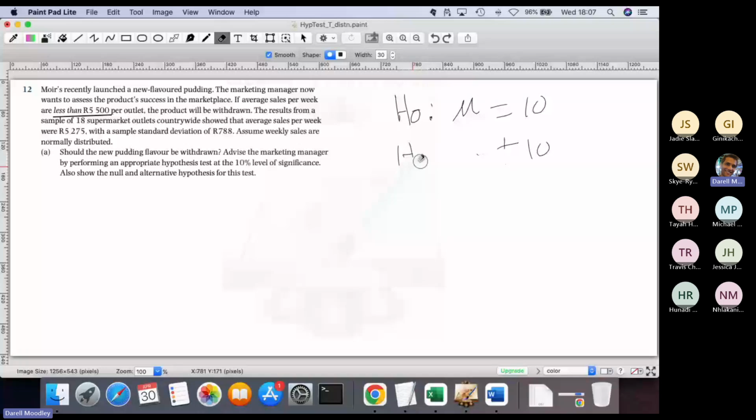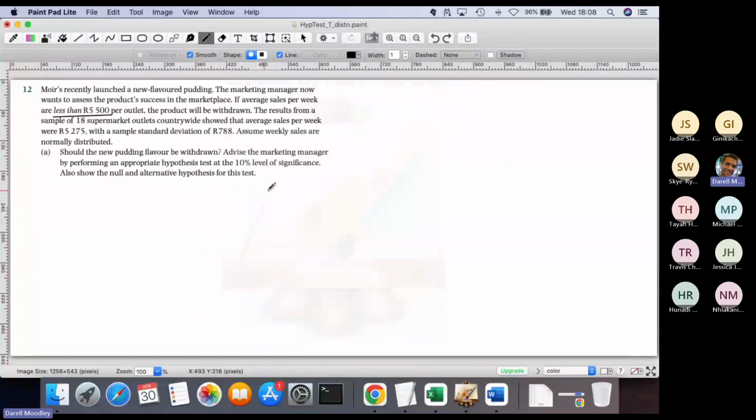So this problem that I'm showing on the left, with the text in the upper left corner, is going to illustrate the approach that I'm talking about. We have Moyes, who make puddings and desserts, and the marketing manager for this company wants to assess whether this product is successful in the marketplace.